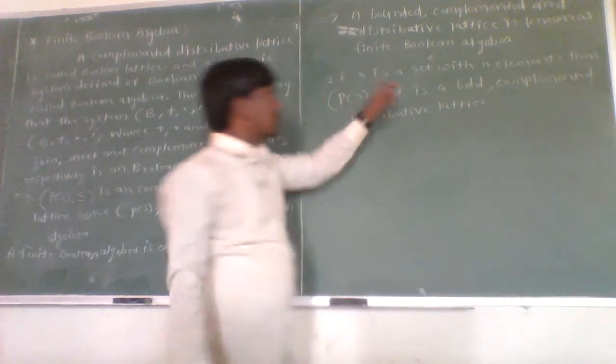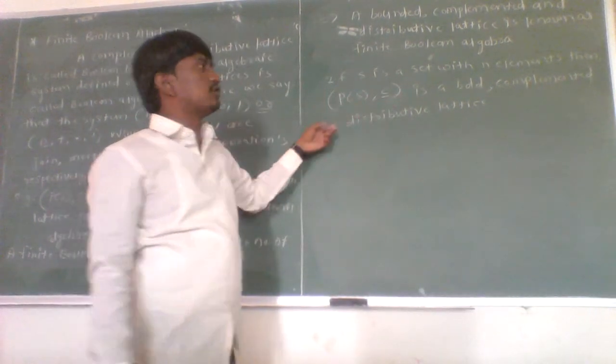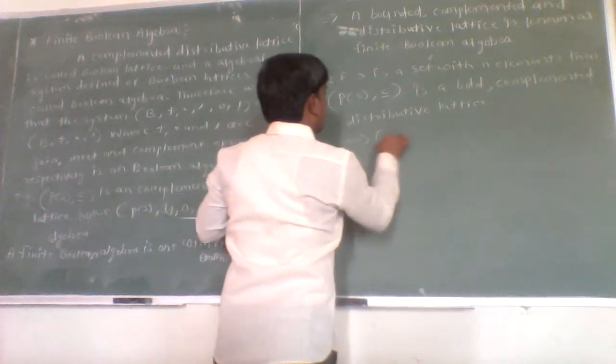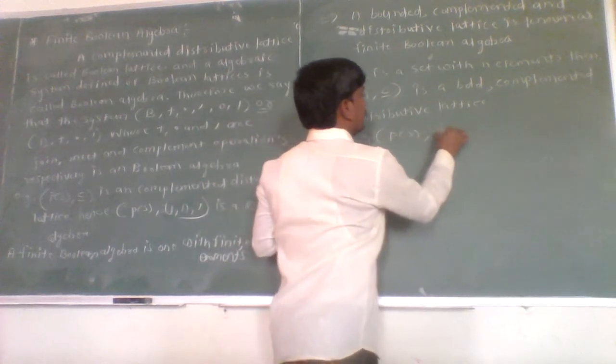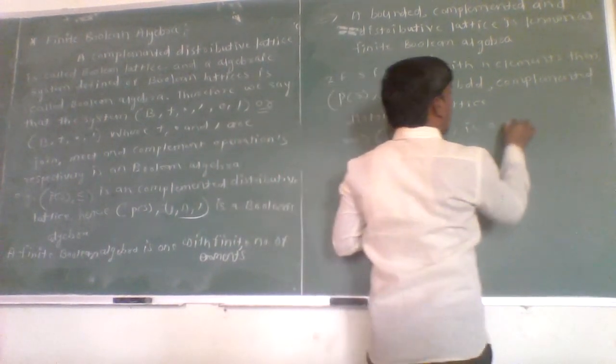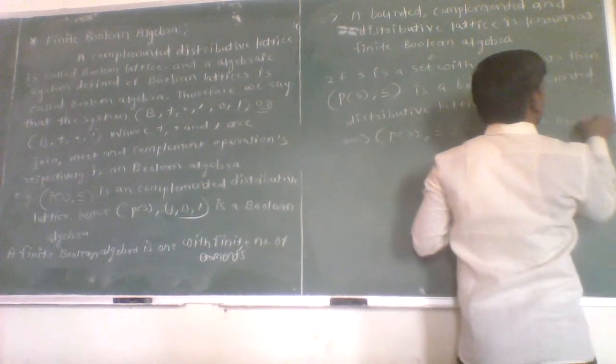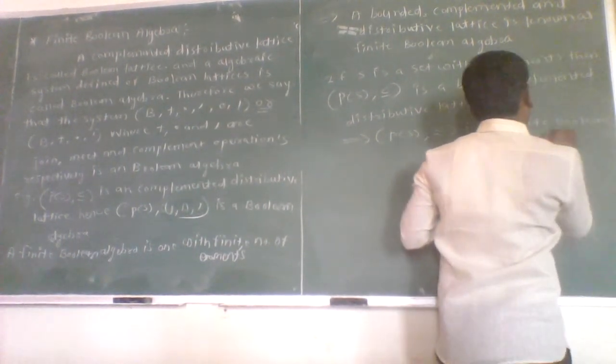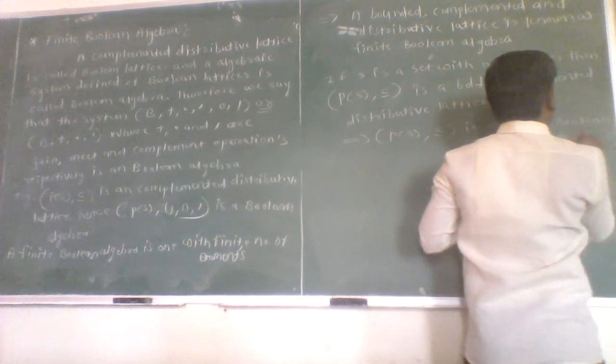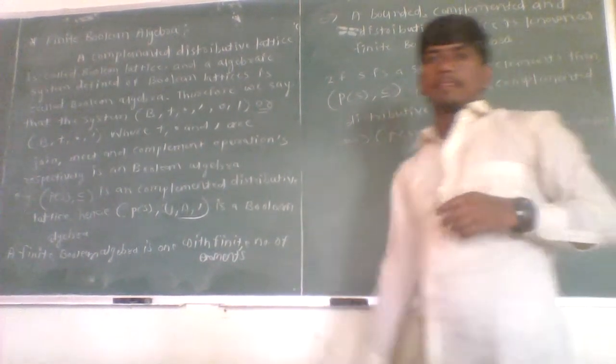As the power set of S with inclusion relation is a bounded complemented distributive lattice, which implies the power set of S with inclusion relation is a finite Boolean algebra. Right? Okay.